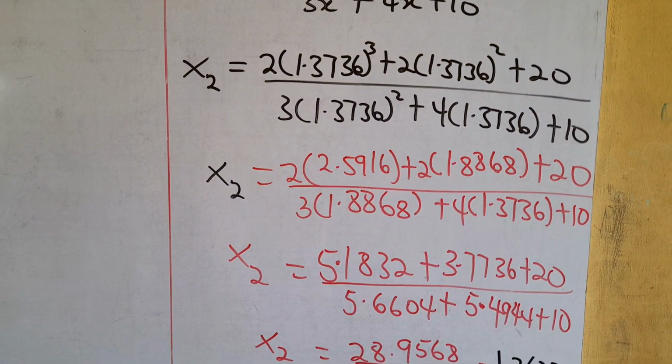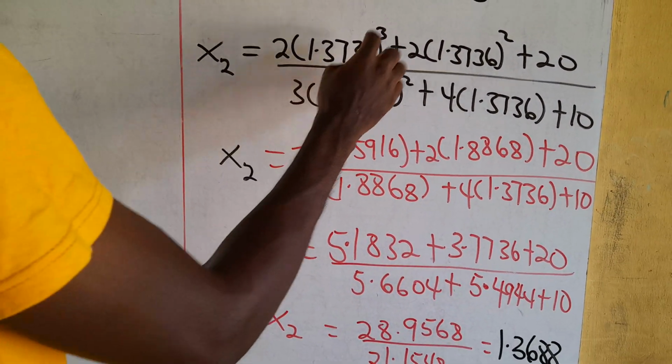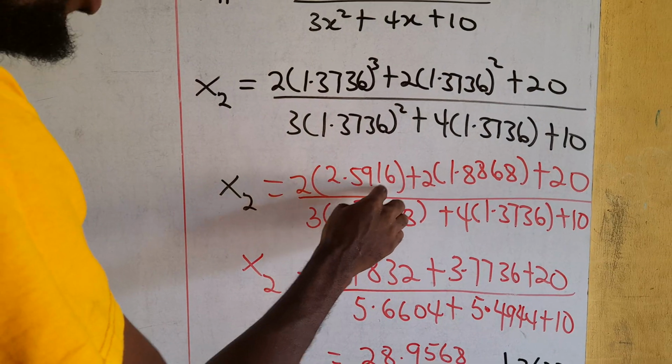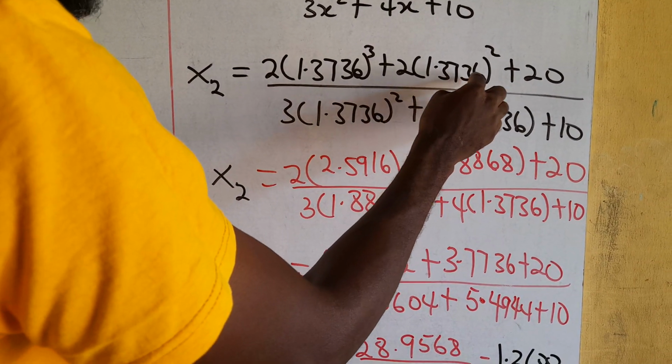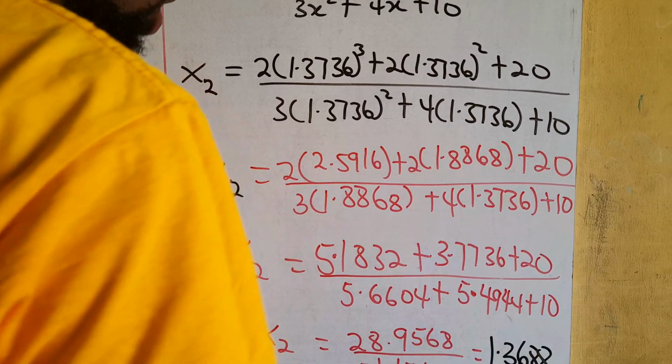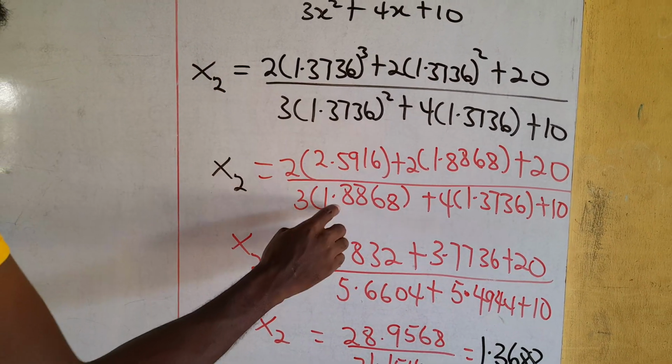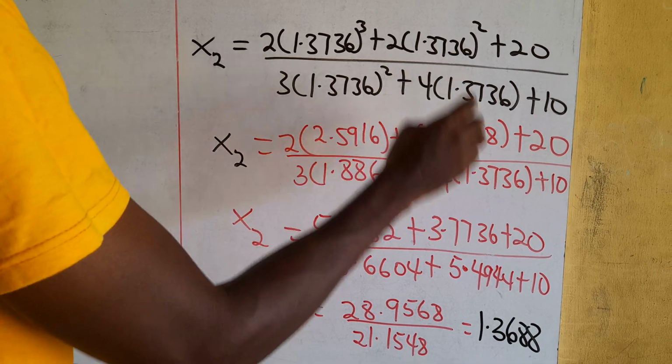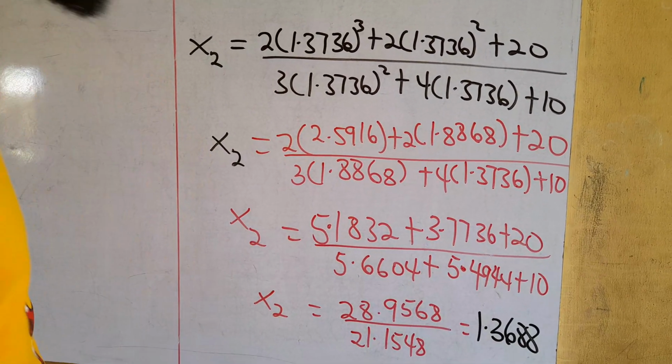So when we simplify that, 1.3736 cubed will give us 2.5916, and 1.3736 squared will give us 1.8868, then plus our 20. Remember, this will give us 1.8868, then 4 times that, then plus 10.